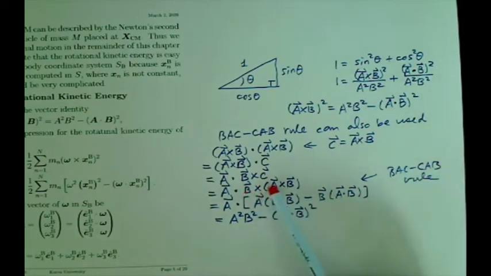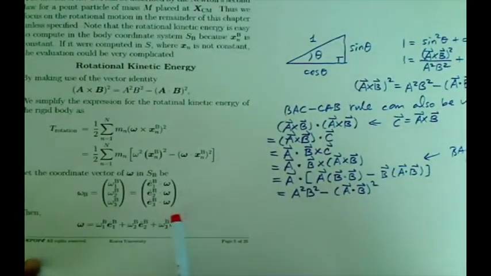A is B, B is A, and C is B. So this A is factored out, B dot B appears here, minus C, where C is B, A dot B. All right. So computing the scalar product, we find A squared B squared minus (A dot B) squared.